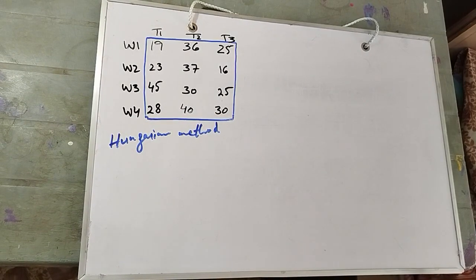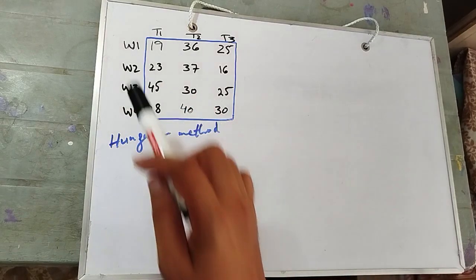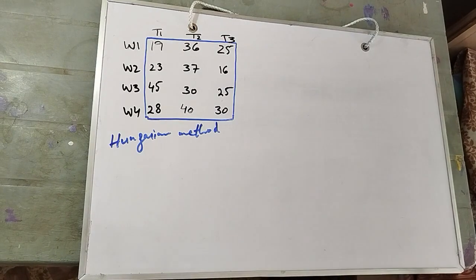In the assignment problem, we need to see how many workers there are for different tasks. So we see we have 4 workers and 3 tasks. You know that in the transportation problem, we can work only on the balanced one.